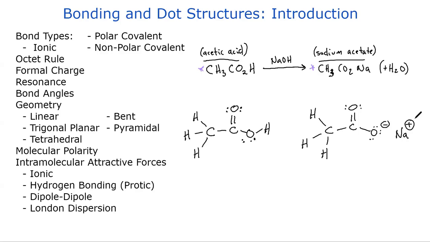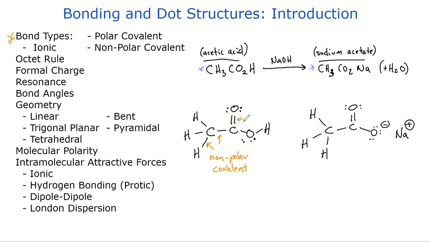Now, a couple of things to point out here in terms of bonds. Let's think about bond types. There are carbon-carbon bonds and carbon-hydrogen bonds, which we'll consider to be nonpolar covalent.